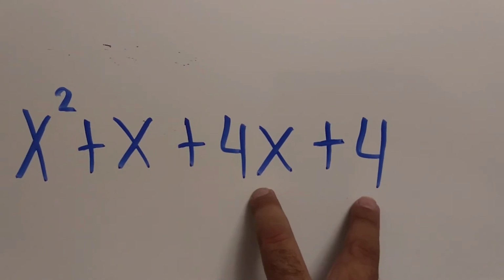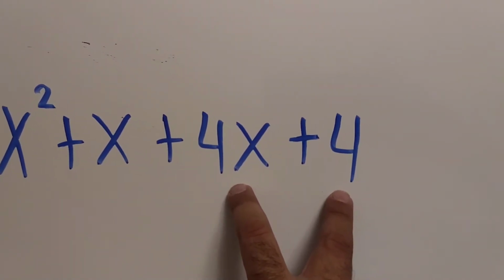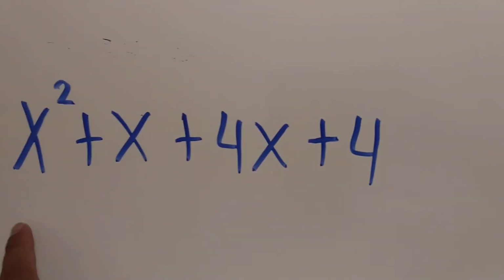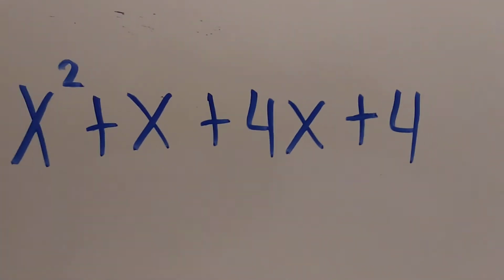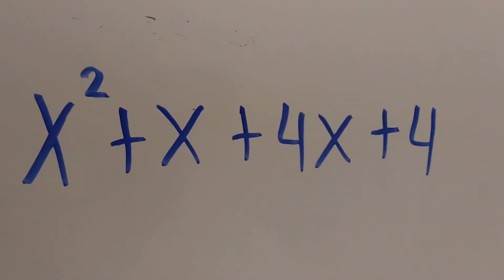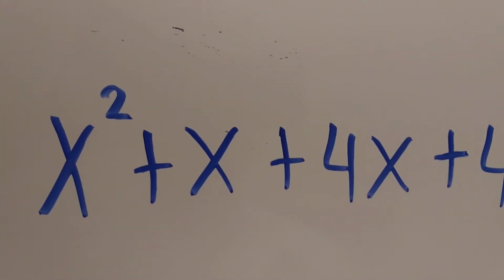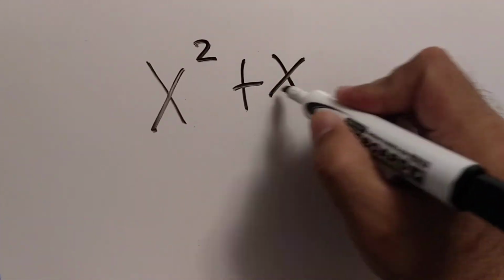Here the 4 and the 4 have a common factor of 4. However, if you were to group the 4 with the x to the second, there is not much you can factor out. So in this case, we're going to group them together as x to the second plus x.